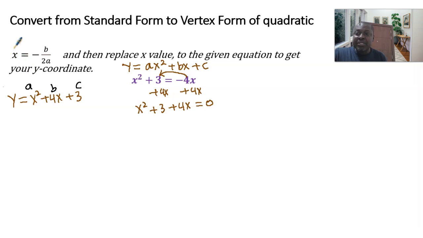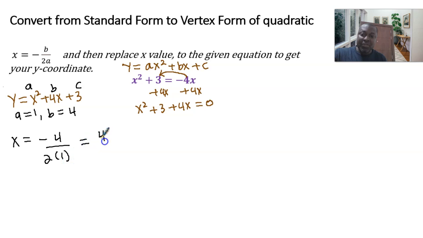Now we're going to plug in here to get our x coordinate, which is the same as the h. For us to get our x coordinate, we know that our a is 1, b is 4. So we get -4 over 2 times 1, and that becomes -4 divided by 2, which is -2.